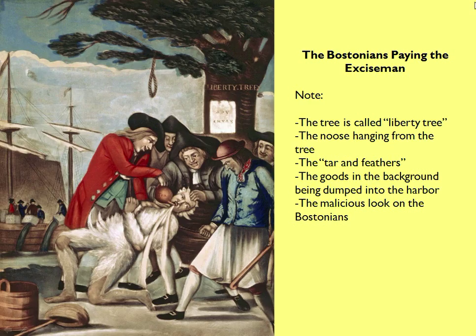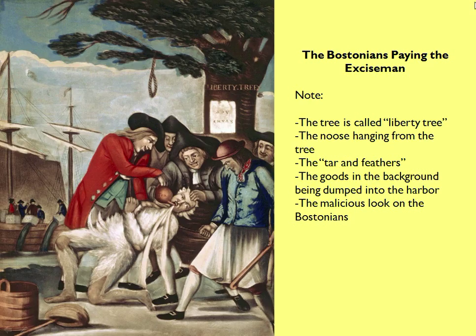Just a side note, to have a look at this quite famous drawing from the times of the mob violence in Boston that was brewing and that was used against some of the British tax collectors. This is from a real event of a tax collector who was tarred and feathered, meaning you cover the person in the hot, gooey, black tar, the stuff that we put on our roads, which is often used in wood ships to seal it.